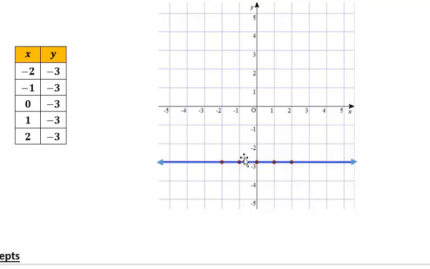The domain is basically, horizontally speaking, where do you have the drawing? From where to where is this line drawn, horizontally speaking? You cannot say from -5 to 5 because the arrows on the line basically tell you they go forever.